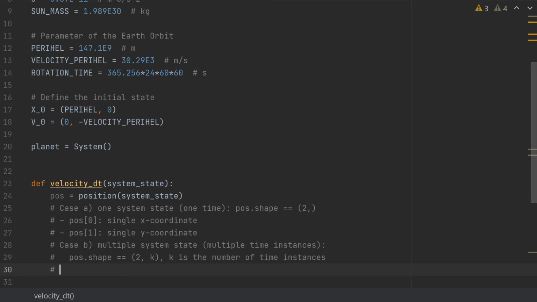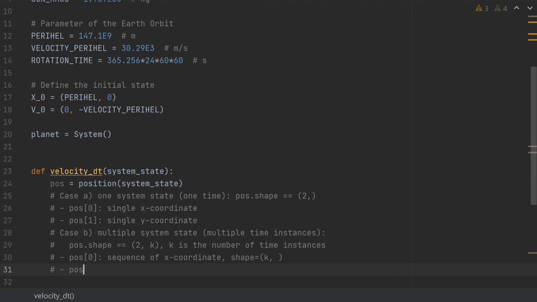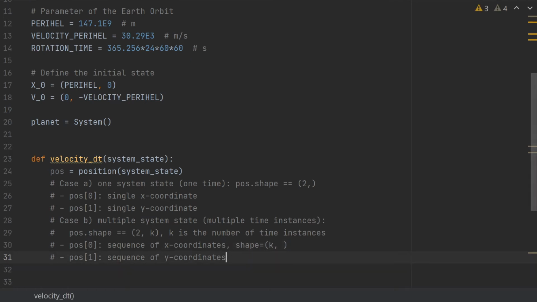What does that mean for our array access? Pos of 0 will be a sequence of x coordinates. Shape is k. And pos y will be a sequence of y coordinates with a shape equaling k as well.